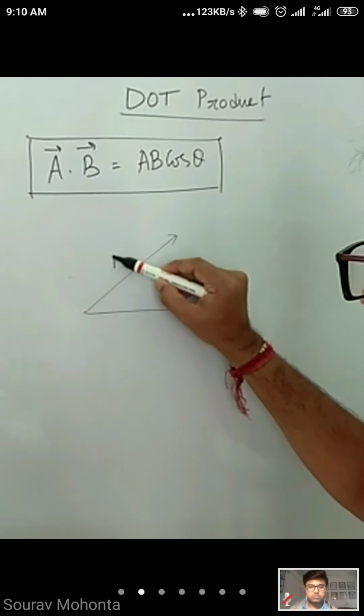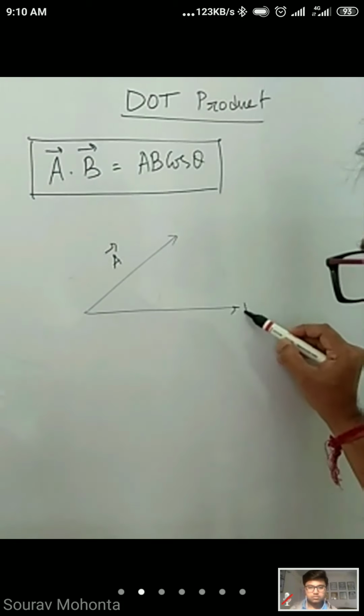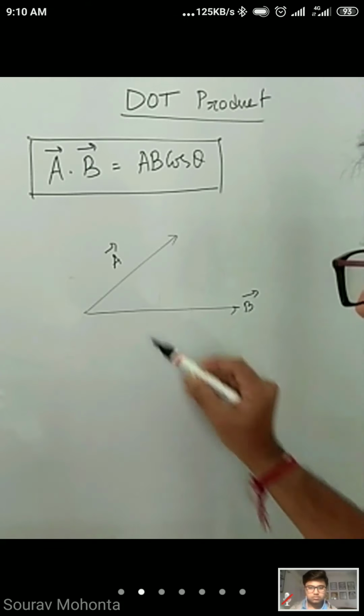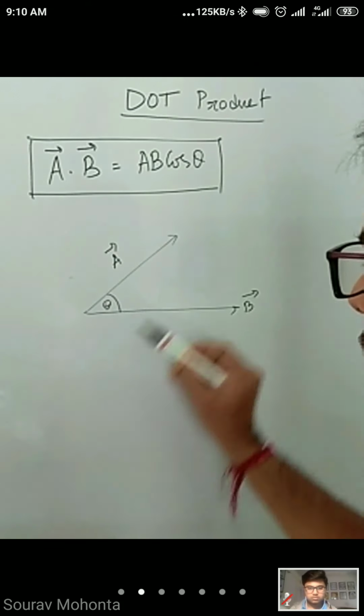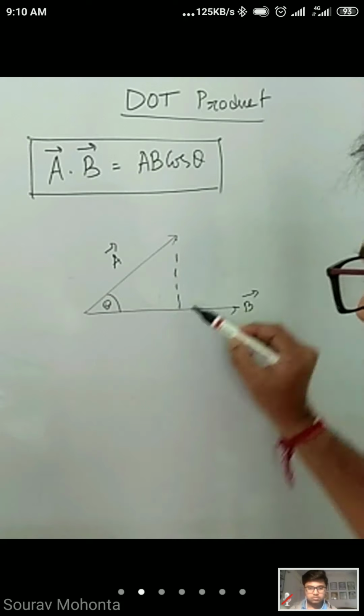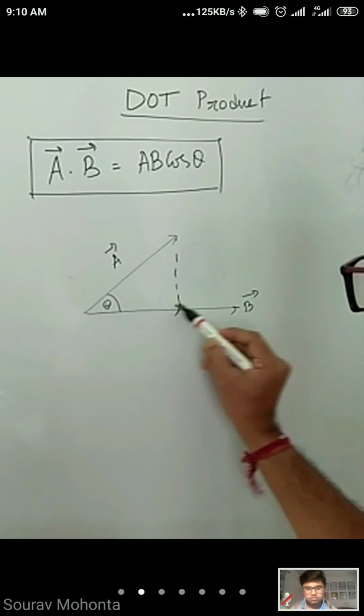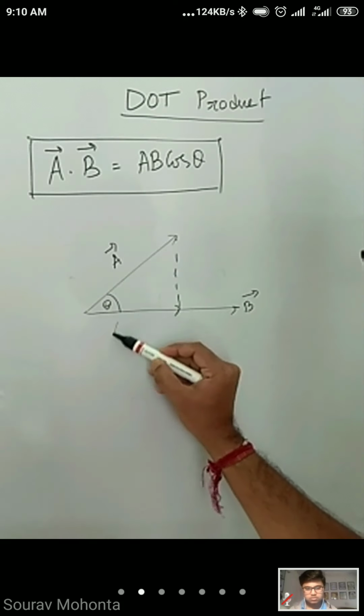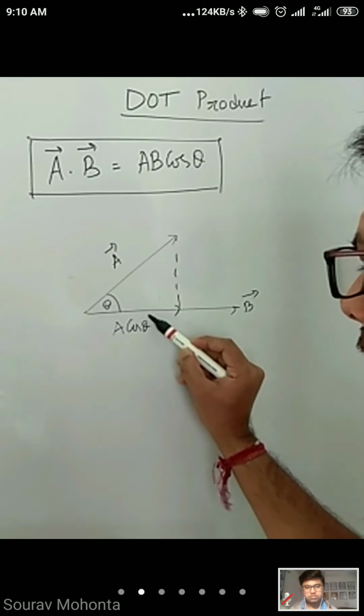this is a vector A and this is the vector B, and this is the angle theta. If you draw a projection, what will be the projection of A along this direction? That will be A cos theta, as we have derived.